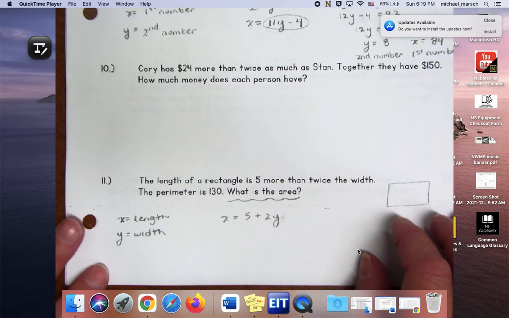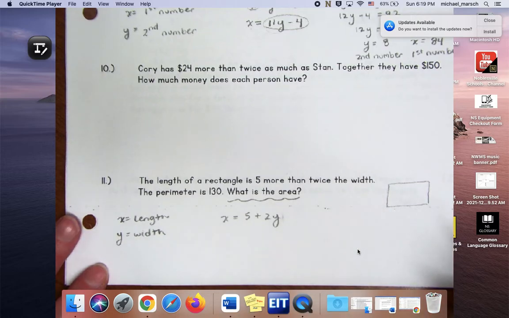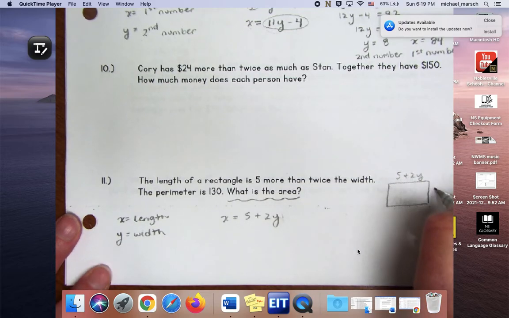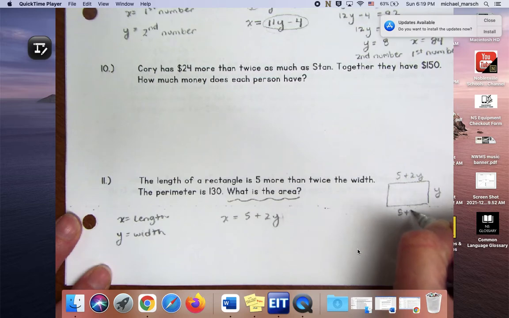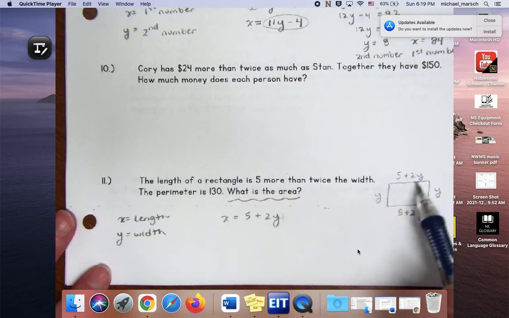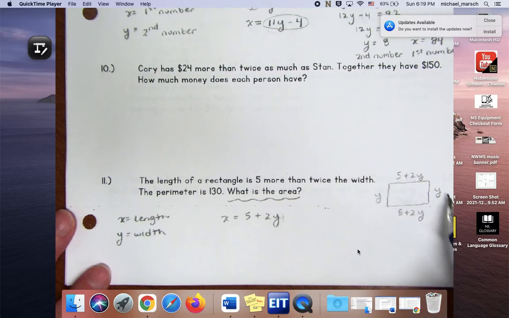So I'm going to have 5 plus 2y, y, 5 plus 2y, and y. Because the length is going to be 5 more than twice the width. So if y is my width, then this is what I have to do here, right?